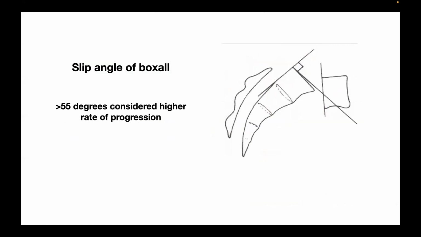More than 55 degrees of slip angle is considered a higher risk of progression. When there is deformation of the inferior border of the L5 vertebra, the superior border of the L5 vertebra can be taken for angle consideration.